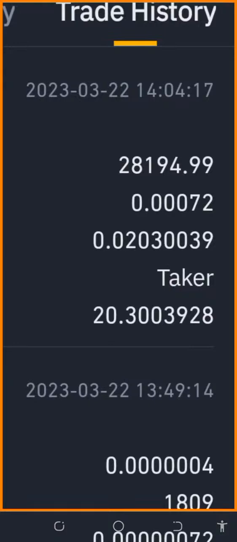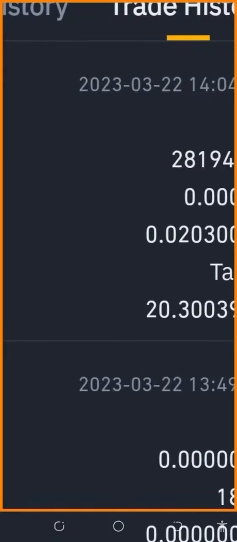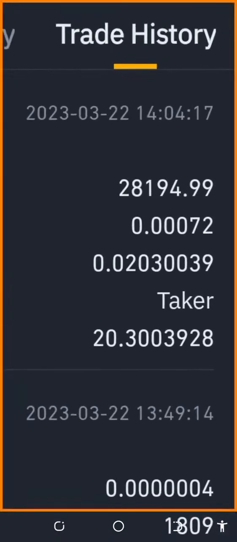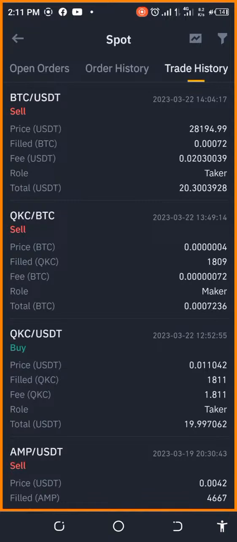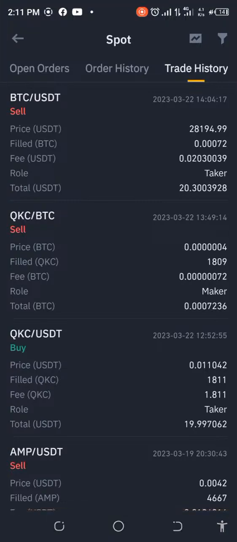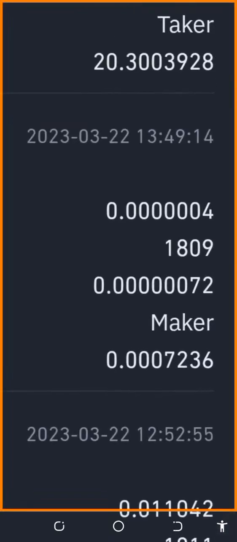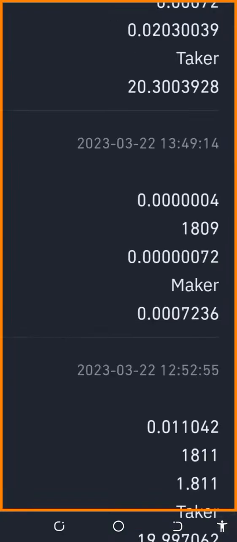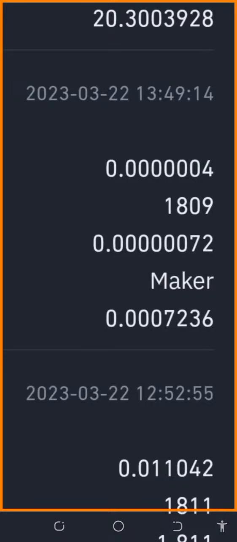Interesting. We got 20.30. But don't forget that, I'm just wondering whether they took out any fees. Yeah, that's the truth. We had 20.30 here, but don't forget that in the process we actually paid fees for QKC BTC. Did we? Yes, we did pay a fee, as you can see there, 0.000072.